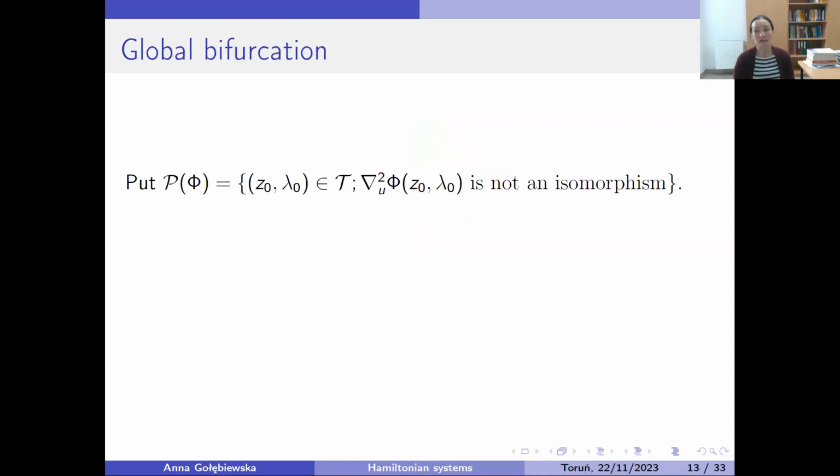Okay, but what is easy is to say when we can expect the bifurcation. Because the implicit function theorem guarantees that if we have an isomorphism, we have only one possibility. We can say that there is only one family of solutions, and there will be only solutions from the trivial family. So we can expect the phenomenon of bifurcation only at points where this operator is not an isomorphism.